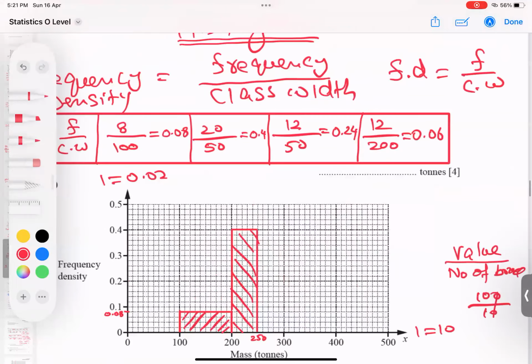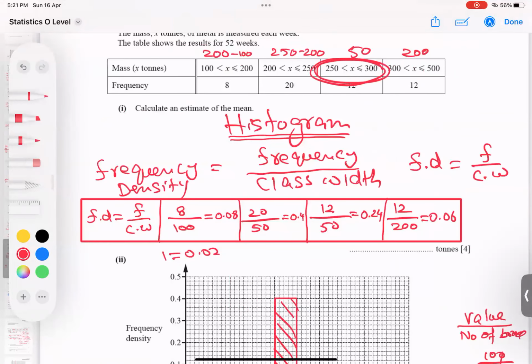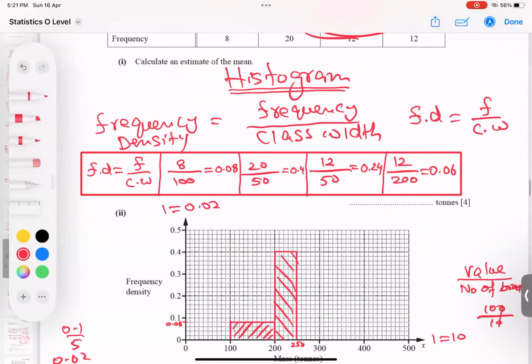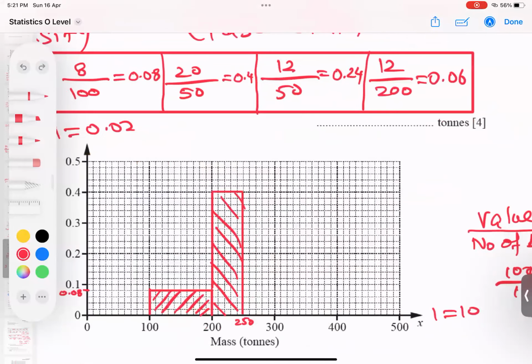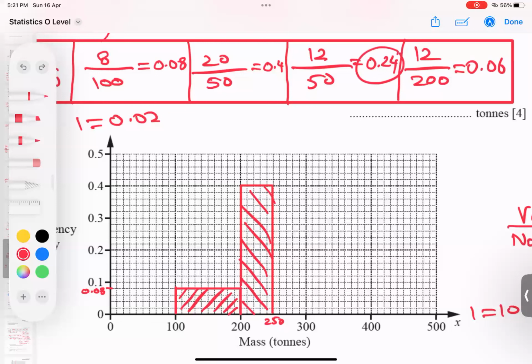Let's go for the third column. Third column starts from 250, ending 300, and height is 0.24. Repeat my words: start from 250, ending 300. 250 is here and 300 is here. And the height, how much? 0.24. Where is 0.24?